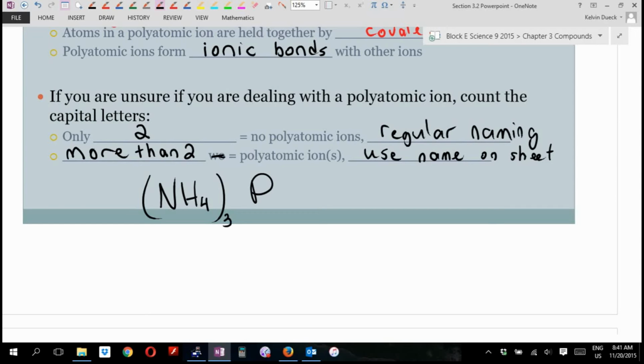Now, P, is that a polyatomic ion on the end? Say no. So, what do we do with phosphorus? Now we bring in the IDE rule. So what would you call this? This is ammonium phosphide. By the way, what's the charge on phosphorus? Its ionic charge is 3 negative. How many ammoniums did I need? And did you see I had to put it in brackets? How many ammoniums did I need? 3, because each one has a charge of 1.